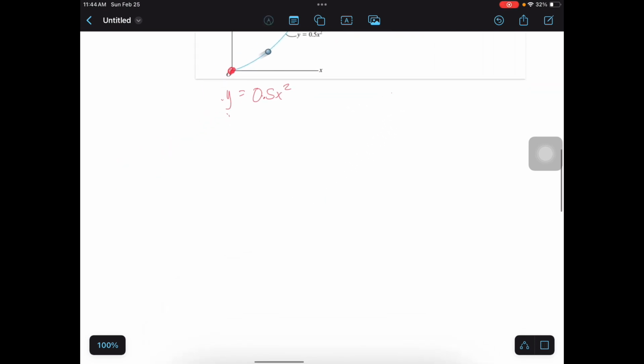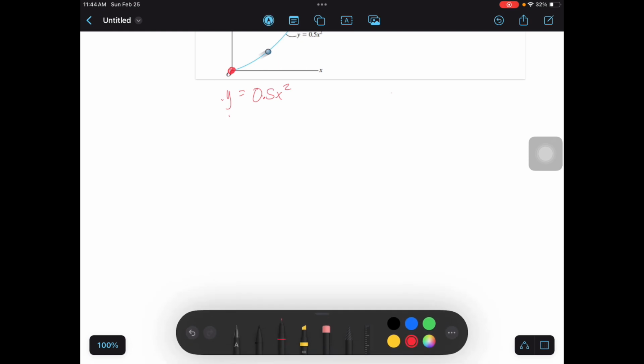So, let's derive both sides with respect to time. So, this is dy over dt. And then, 0.5 times 2x. So, is that done? No, right? I said no because you cannot just drop this one since the variables are different. If it were in terms of t, you could drop it because it would be dt over dt.